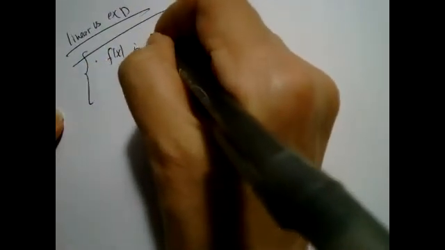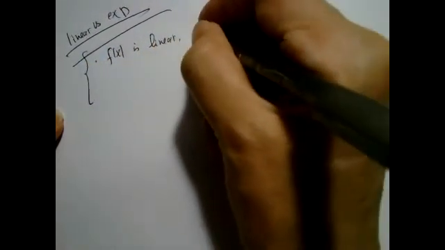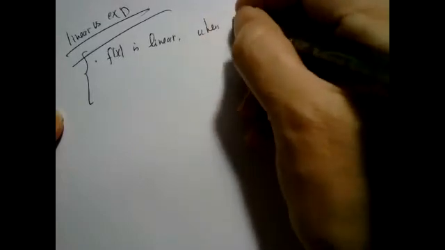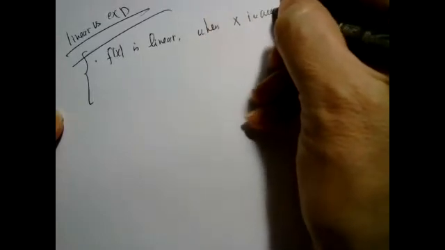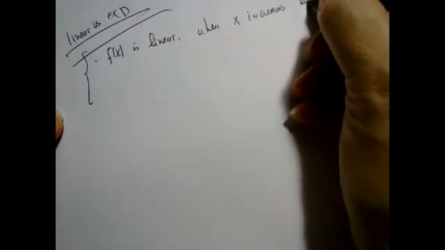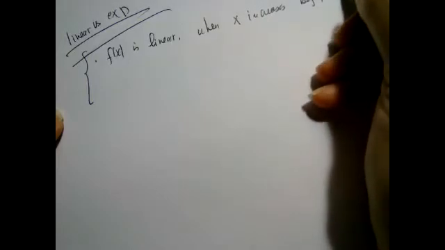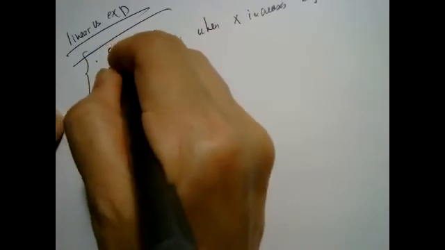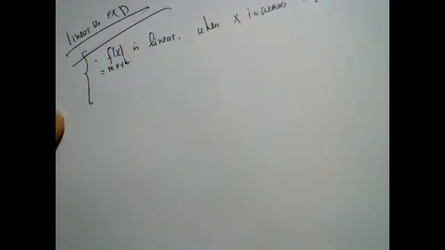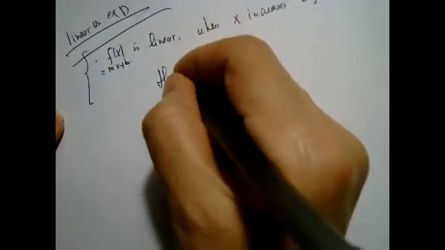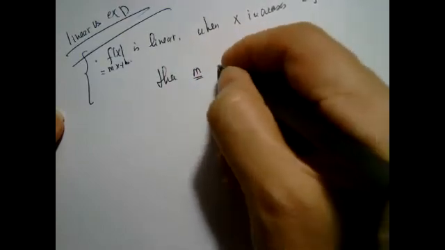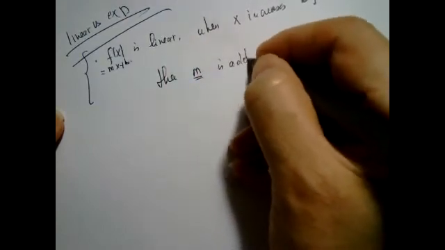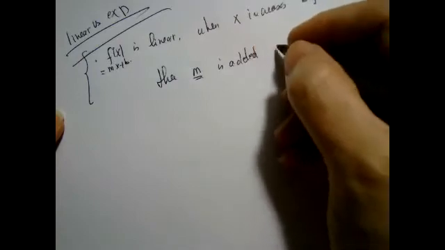Last time we saw that if f of x is linear, then when x increases by 1 unit, let us say f of x equals mx plus b, for example, then m is added to the y value. So we add m to the y value.